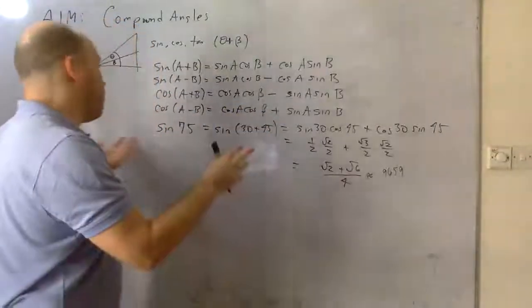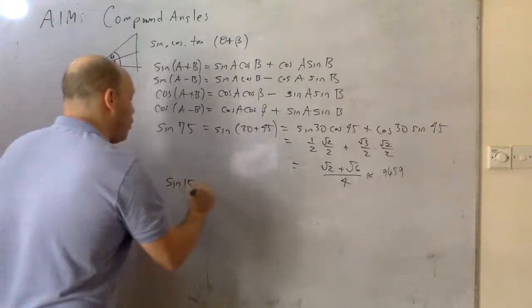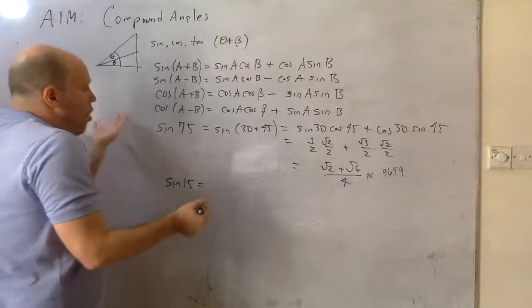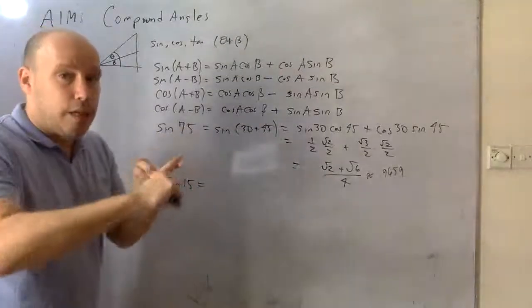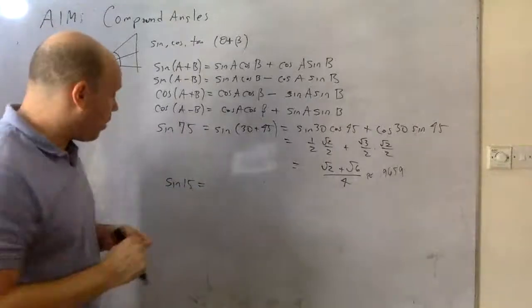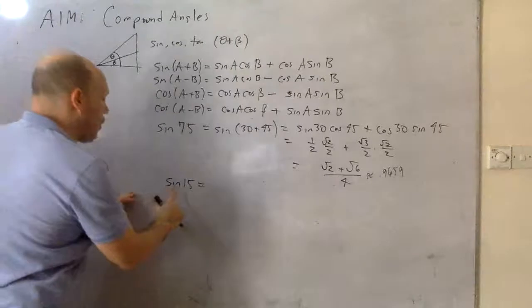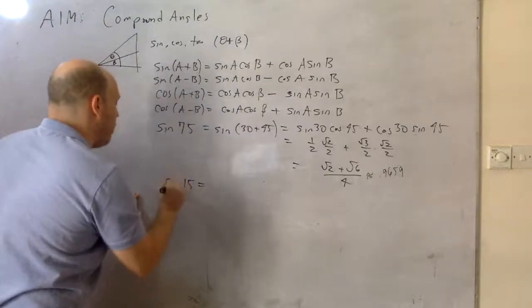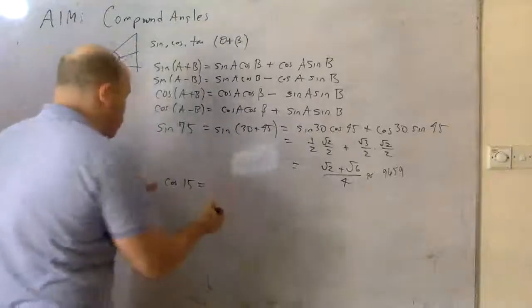Let's do the sine of 15. The sine of 15, well, you can use the double angle formula, or actually, you can use the half angle formula, the half of 30. Let's change to the cosine of 15, knowing that it's the same thing. Let's just see how this works out.